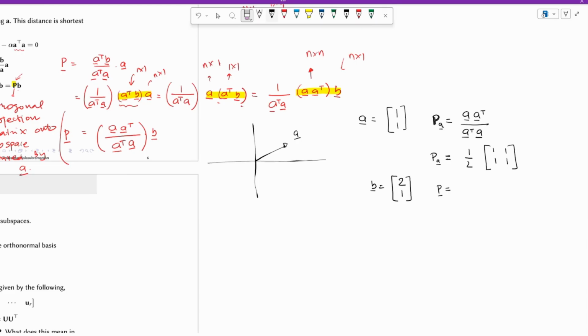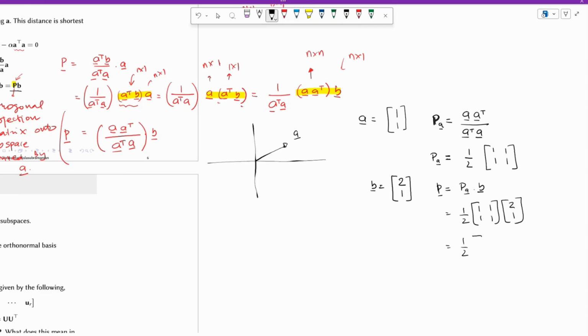This small vector P is essentially the projection matrix multiplied by B. That is capital P multiplied by this B vector. P is half times 1 1 1 1. B is 2 1.